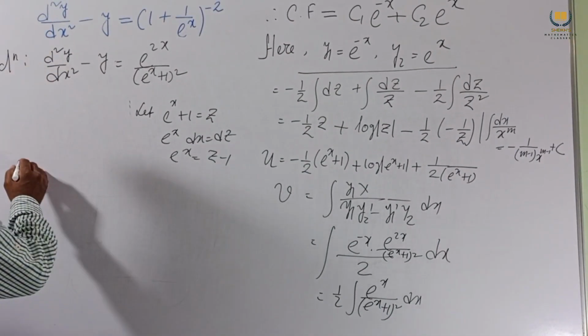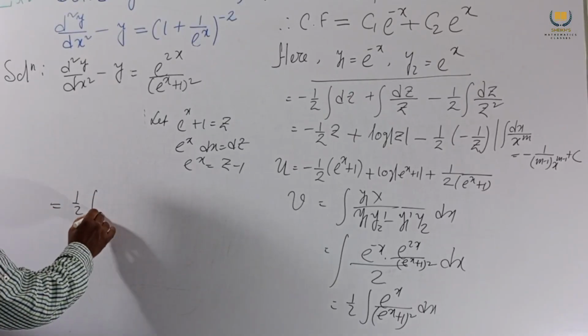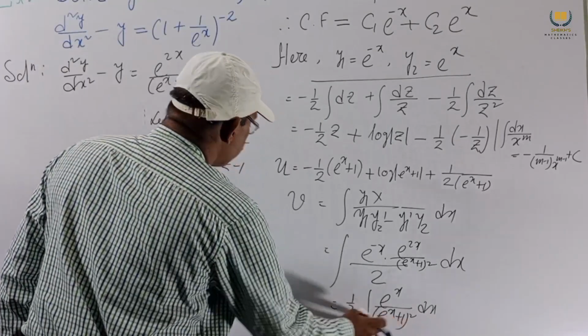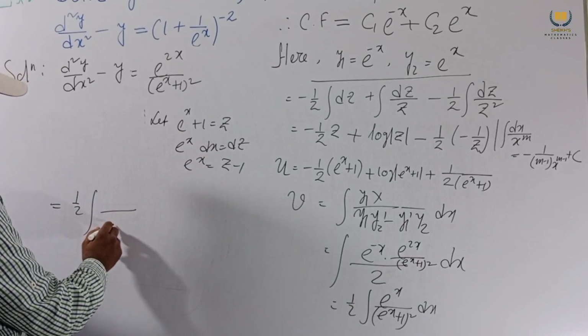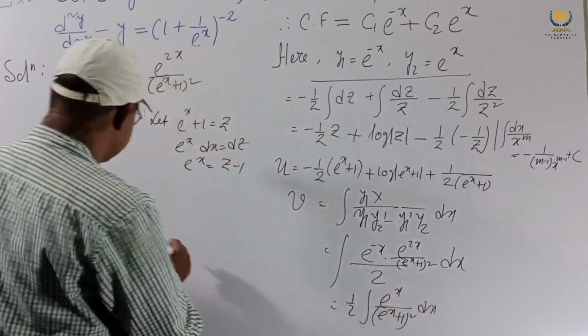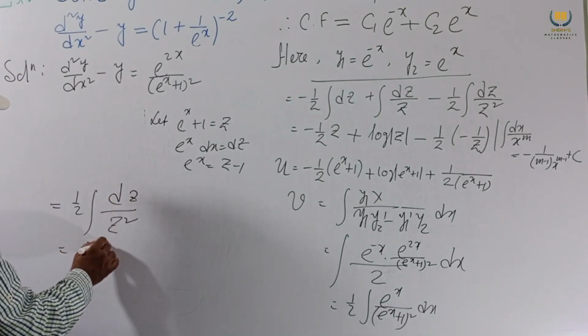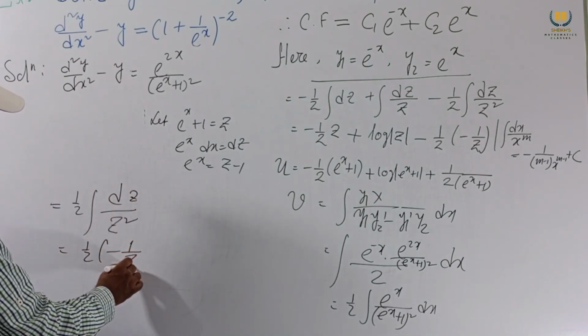Again, if we put the same values, 1 by 2, e to the power x plus 1 we already took as z, and e to the power x dx means dz. So this will be 1 by 2 minus 1 by z.